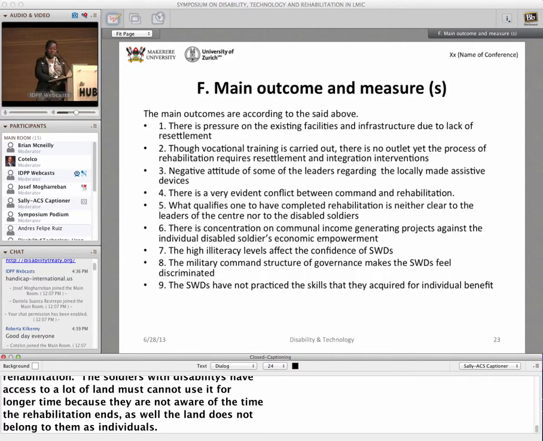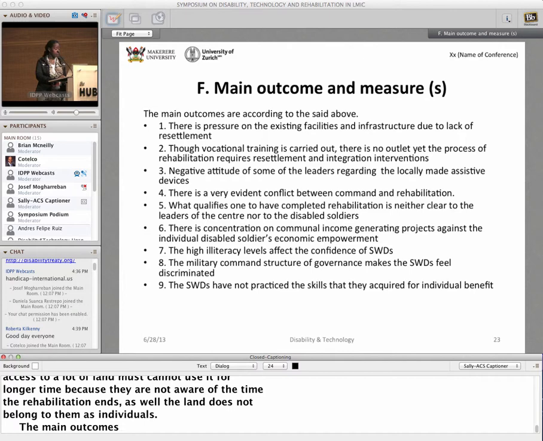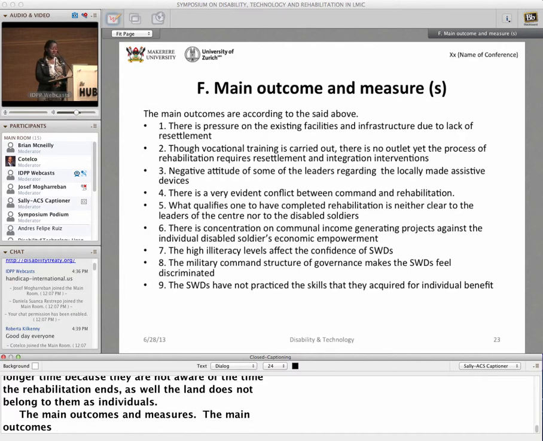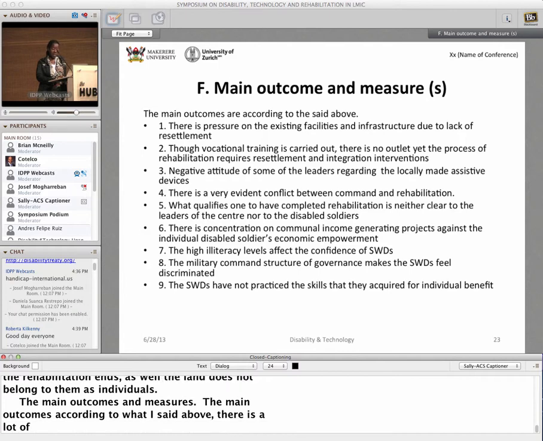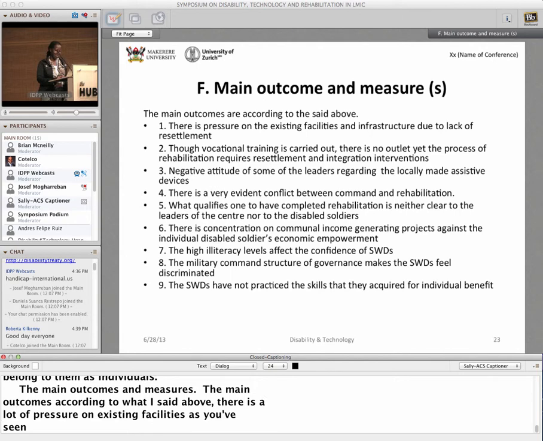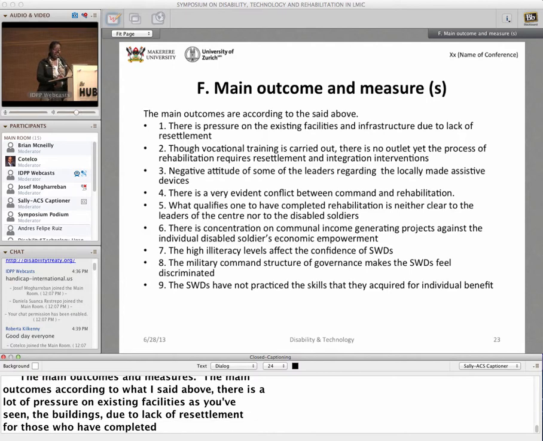Yeah, the main outcomes or measures. The main outcomes, according to what I've said above: there is a lot of pressure on the existing facilities, as you've seen, the buildings, due to lack of resettlement for those who have completed skills, yet most soldiers with disabilities are being brought.